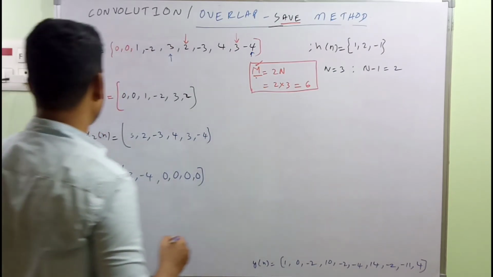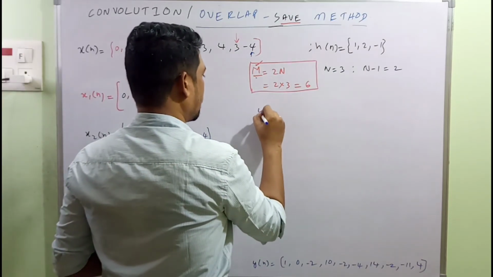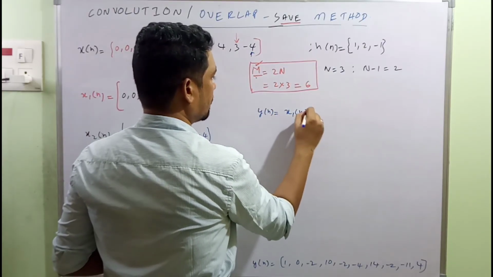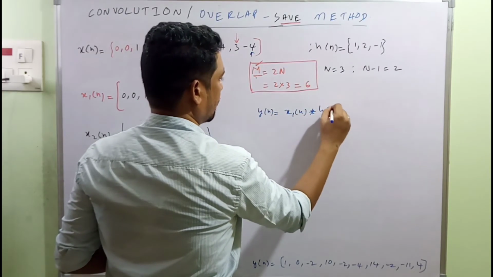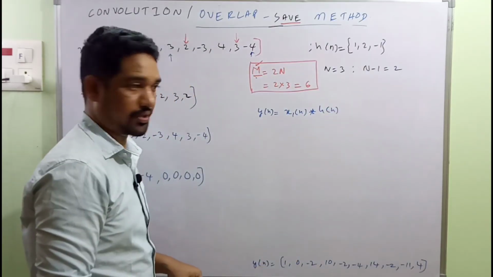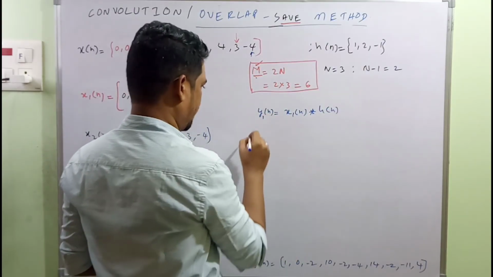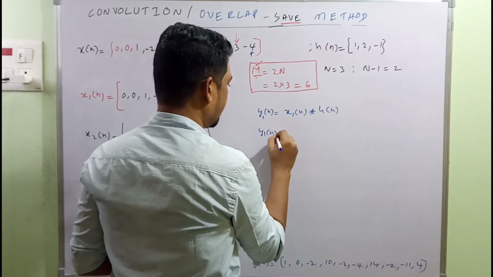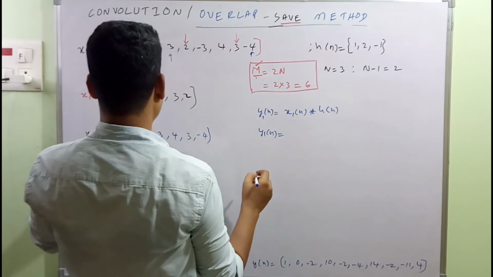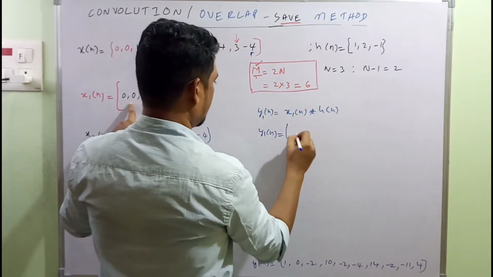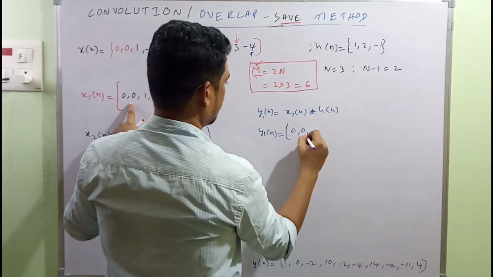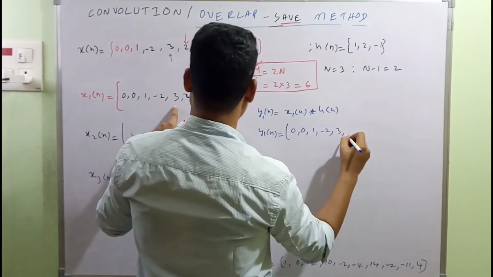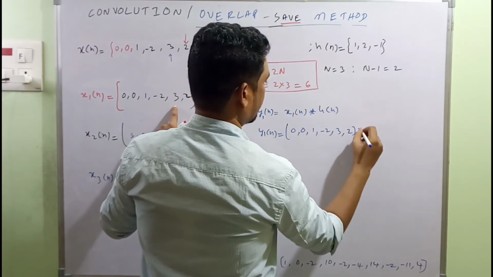So how to evaluate y1 of n? y1 of n should be equal to the convolution between x1 of n and h of n, making use of the matrix method. So y1 of n, making no mistake, will be equal to, what is x1 of n? It's from this sequence, 0, 0, 1, minus 2, 3, 2 convolution.